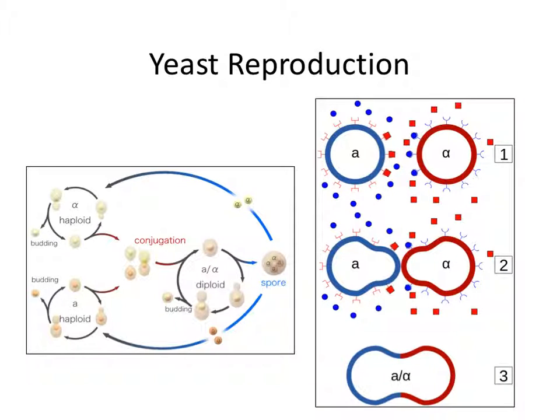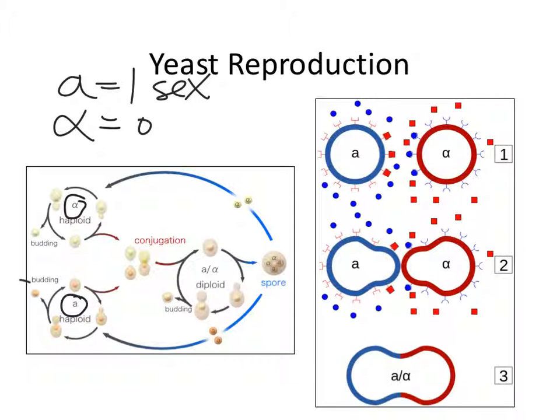So this slide shows the two different forms of reproduction in yeast. On the left side, we have the typical haploid life cycle. So you can have haploid yeast. They're one of the two mating types here, either alpha yeast or A yeast. So those are the two sexes. Not males and females, we've got A's and alphas. And each of those individuals that is a sex of yeast is haploid.